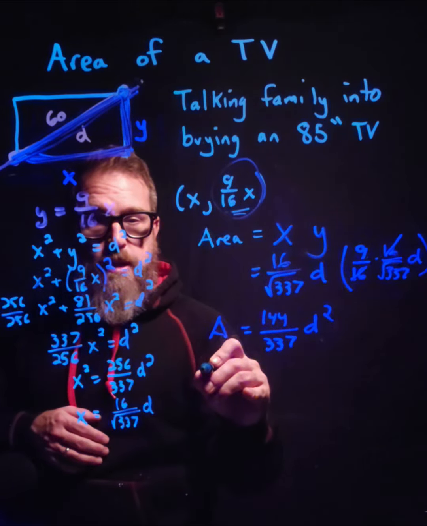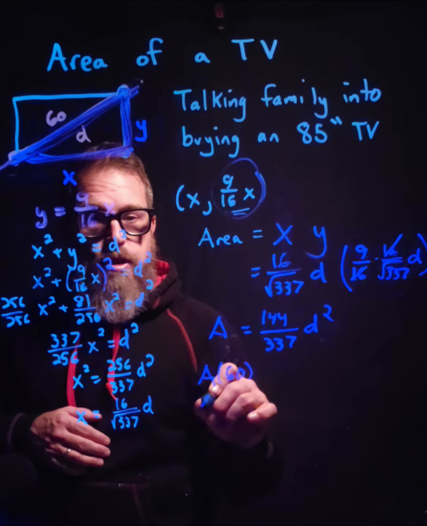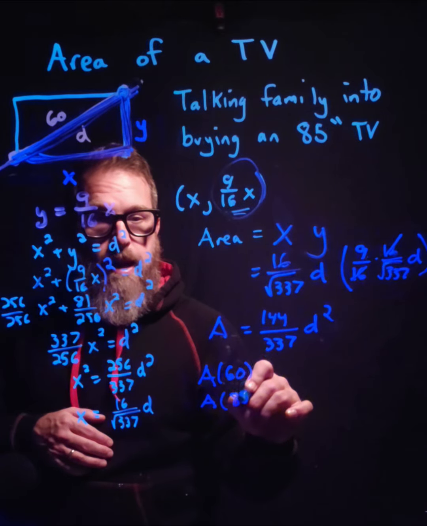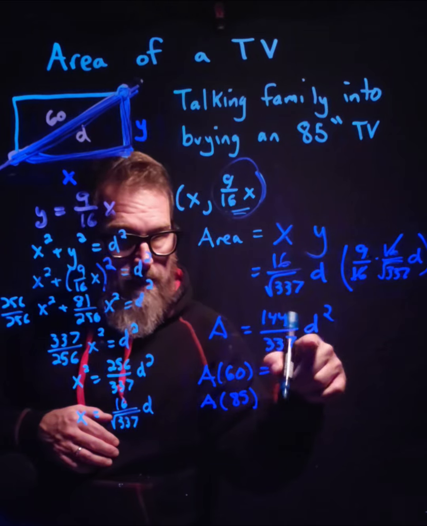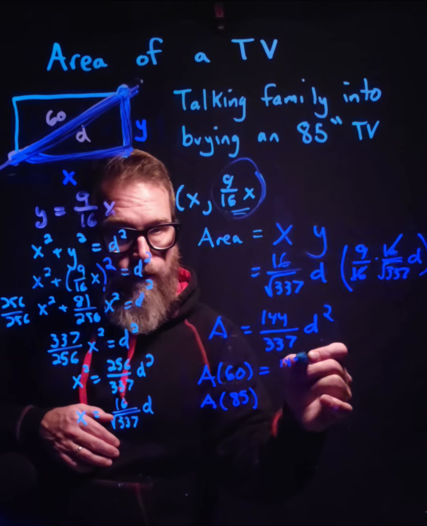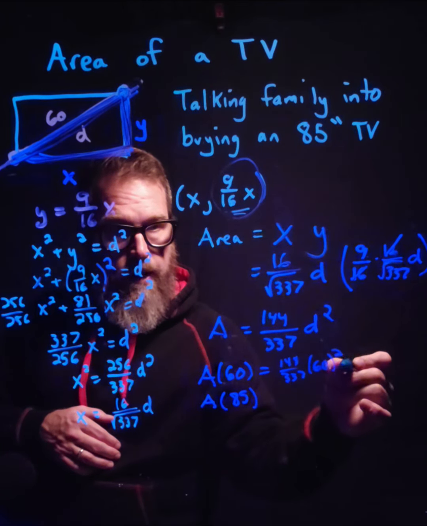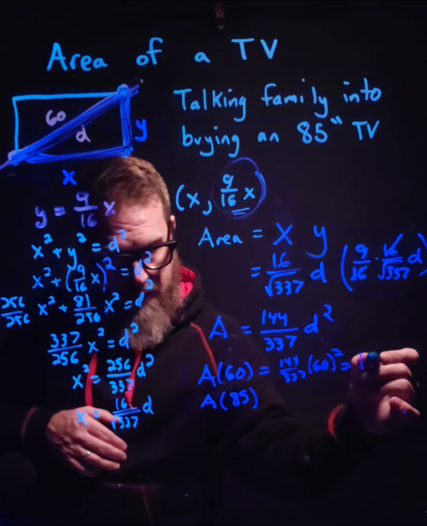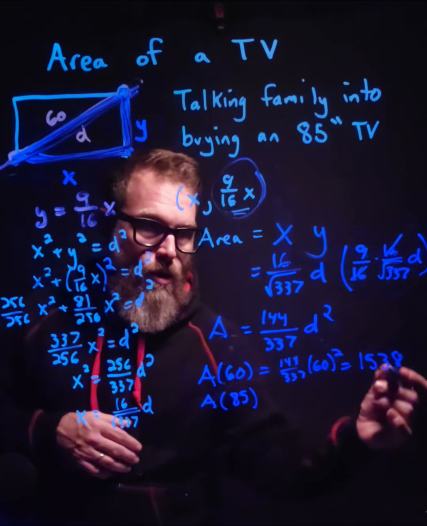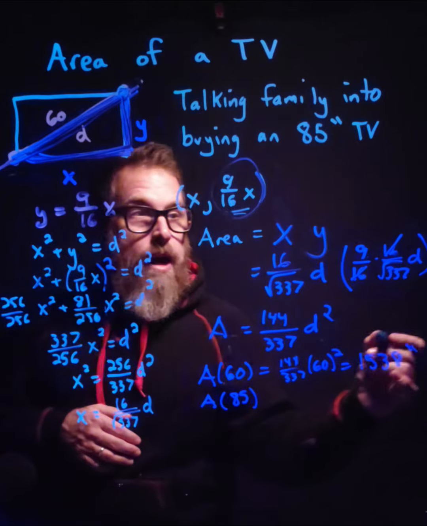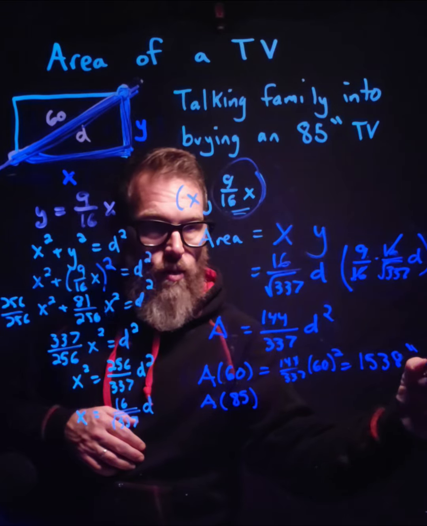So really what I want to do is figure out what is A when d is equal to 60, and also what is A when d is equal to 85. Now, when d is equal to 60, plugging 60 into here, we have 144 all over 337 times 60 squared, which is going to give us 1538.2 inches squared.